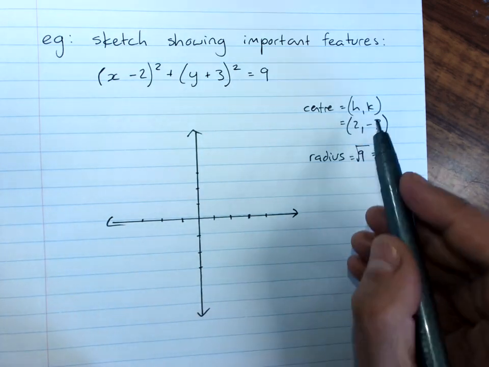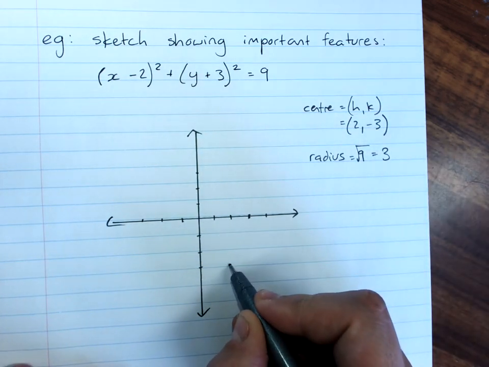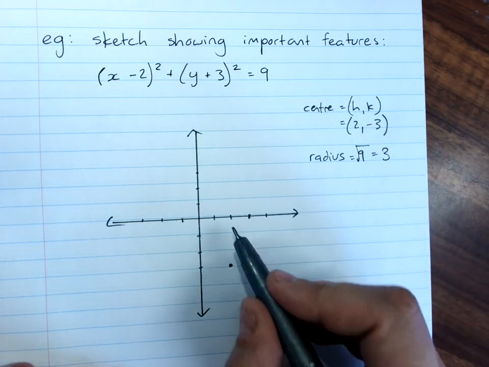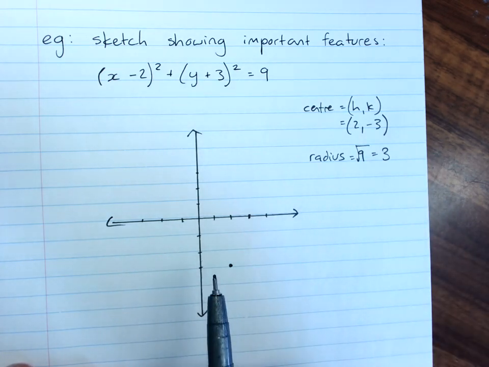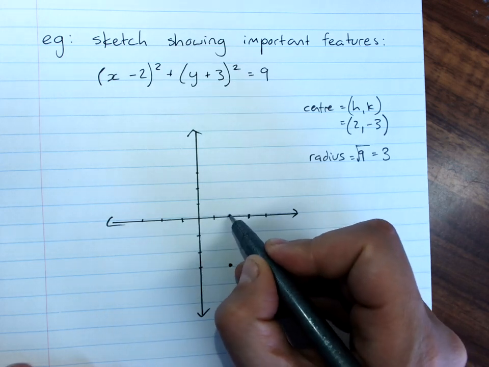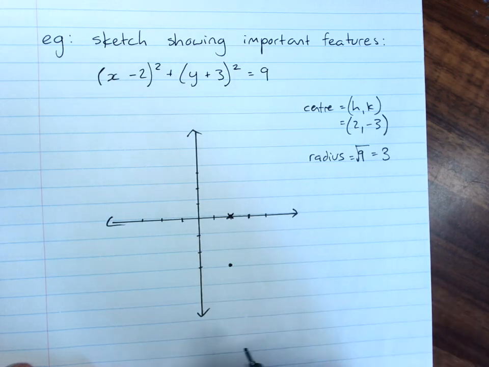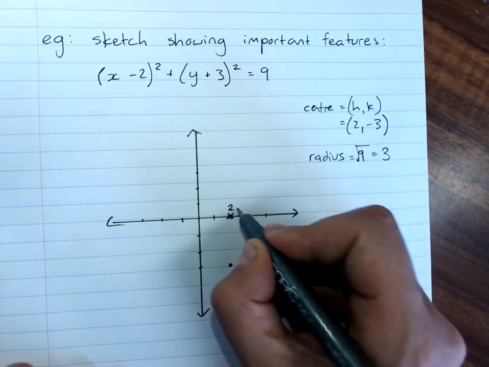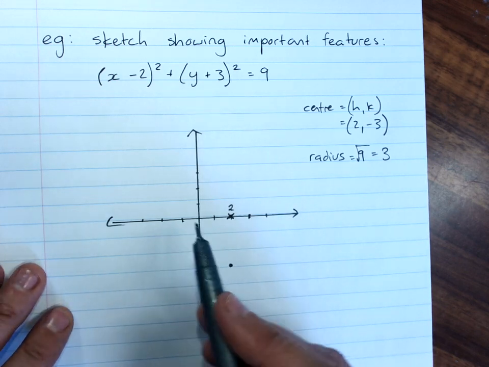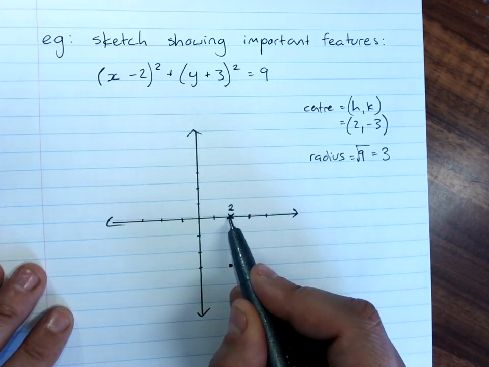So my centre is at 2, negative 3. My radius is 3, which means I'm 3 down from the x-axis here. This is my x-intercept here at 2. You don't need to go finding any other x-intercepts because the circle is only going to come up that far.